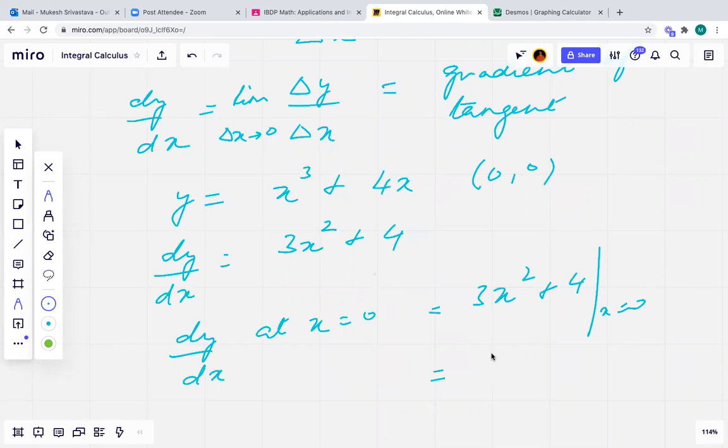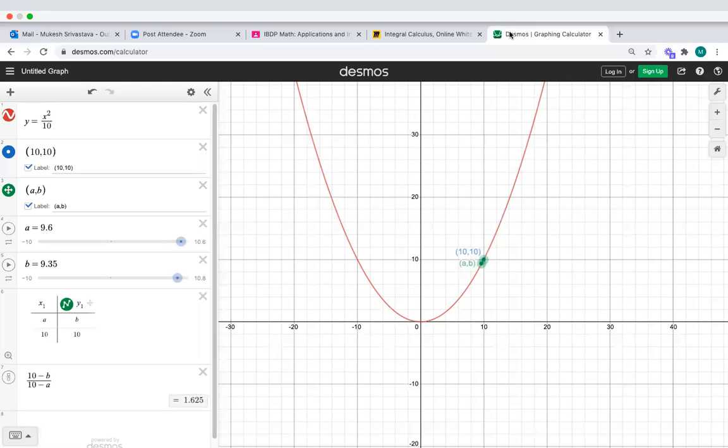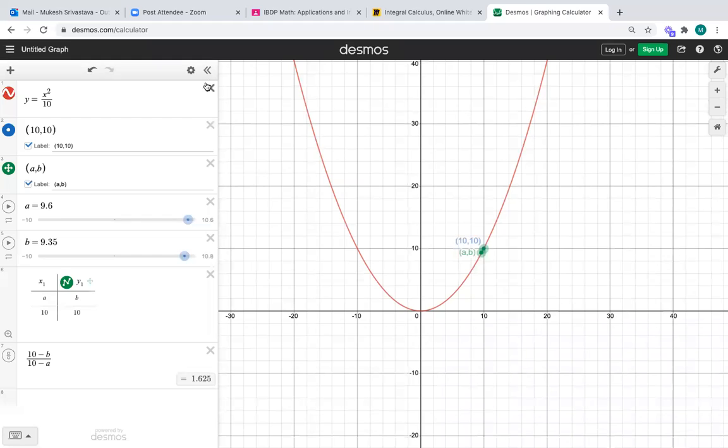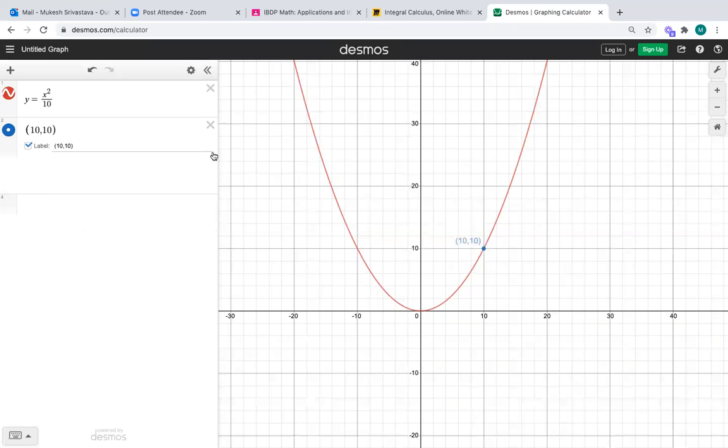So that will be 4, which means 4 is the gradient of the tangent to x cube plus 4x. My curve is x cube plus 4x. Let me draw that curve.